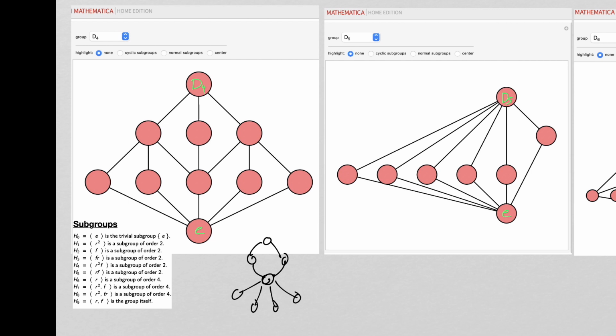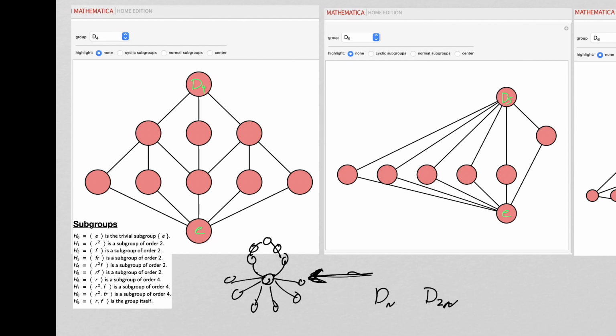And with D5, it's the same thing with one extra dot up here and one extra line up here. And if we wanted D6, we'd put one there and another one down here. And that's for all the D's, this is the system that is used. This is the progression for all the different dihedral groups, which is given as either Dn or D2n, depending on your source. So that's very predictable.